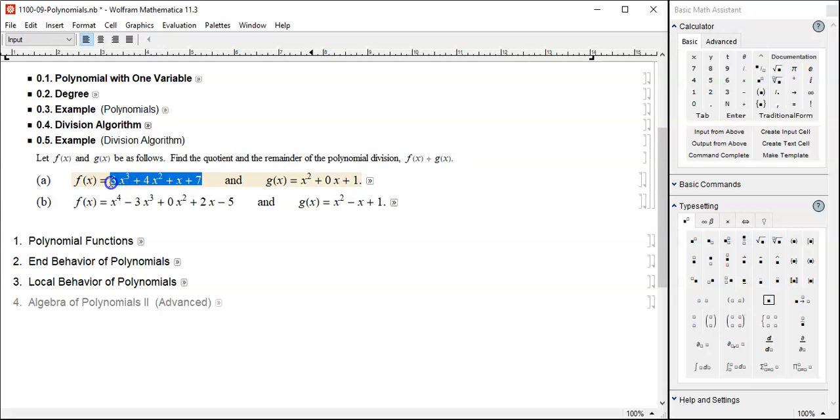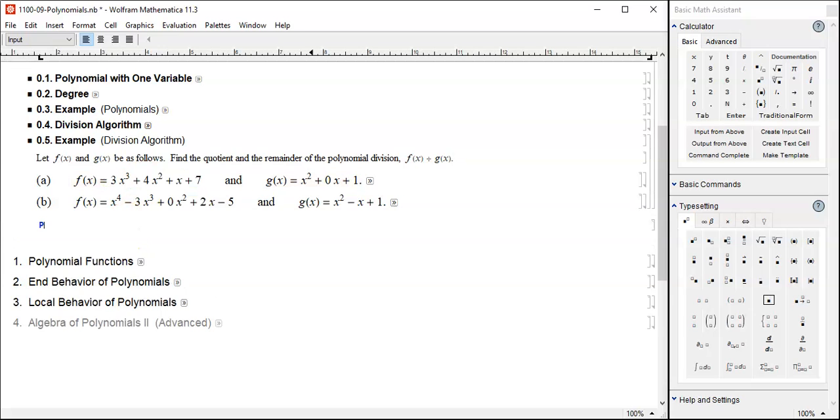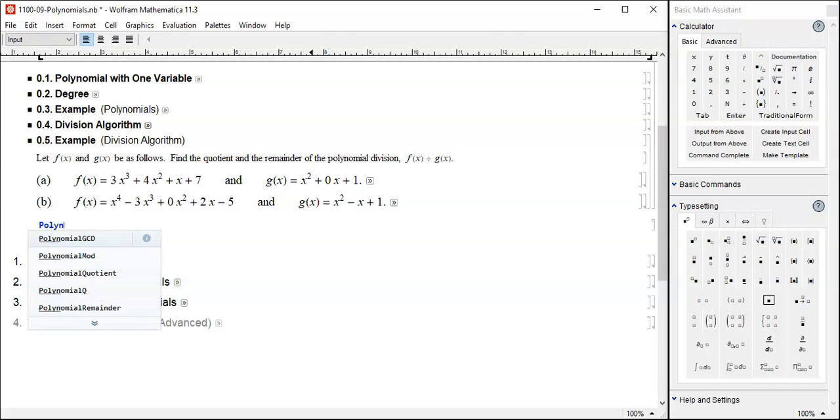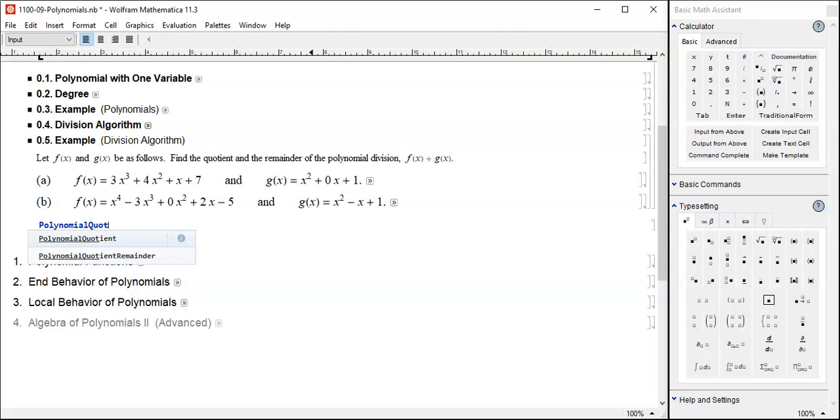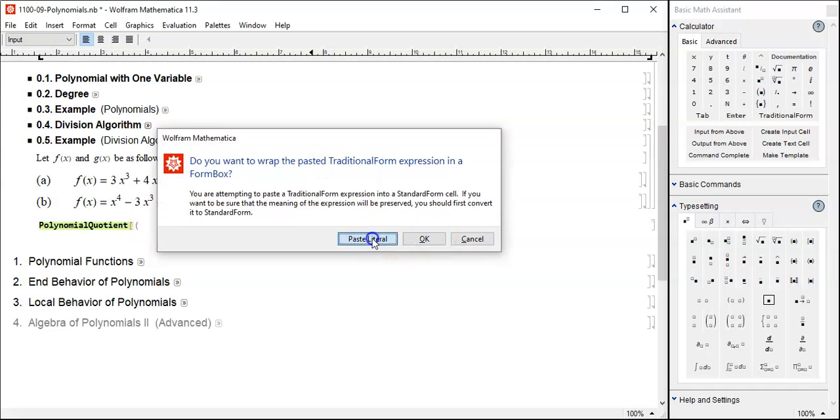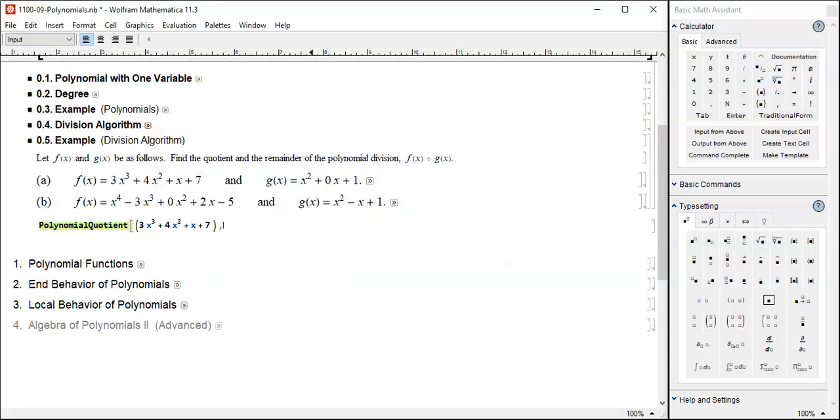So here, the term is polynomial quotient, and I'm dividing this polynomial by this polynomial.